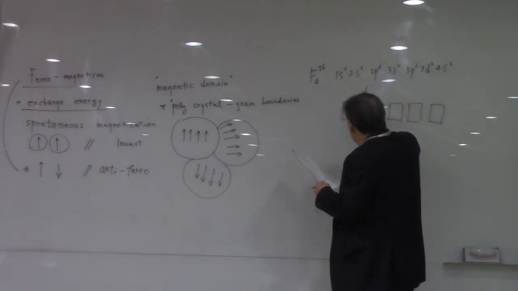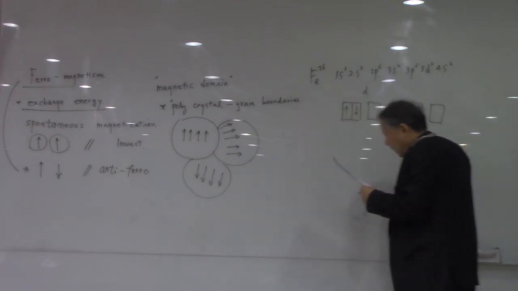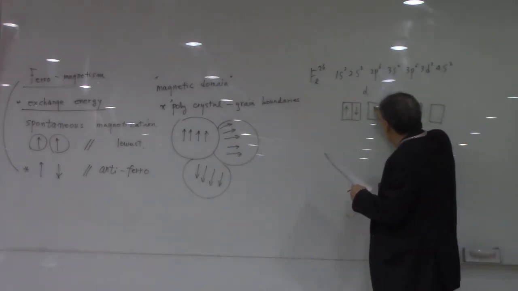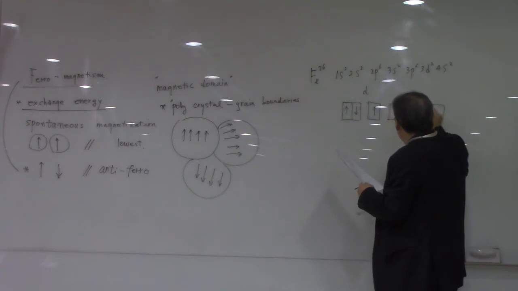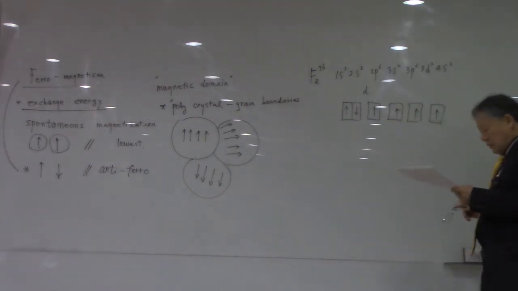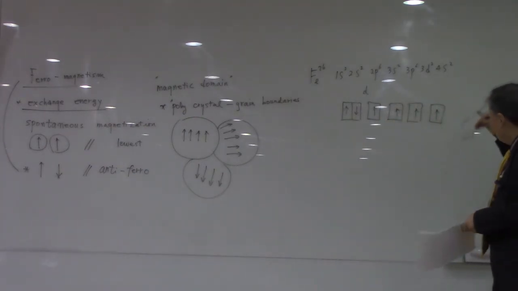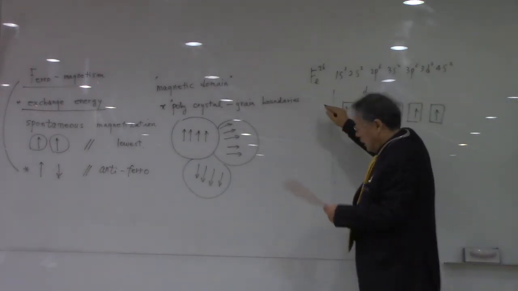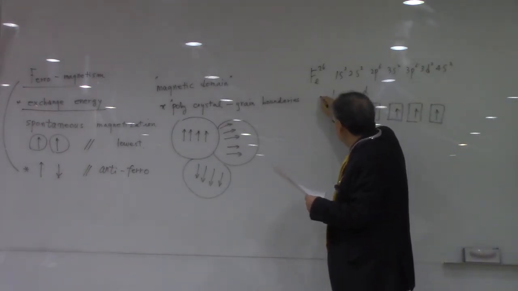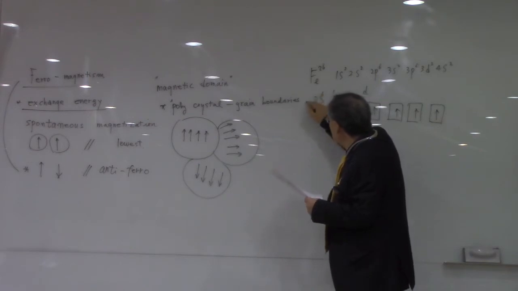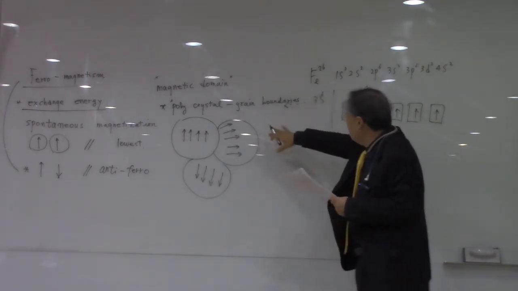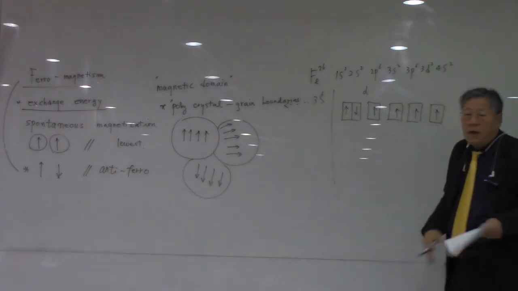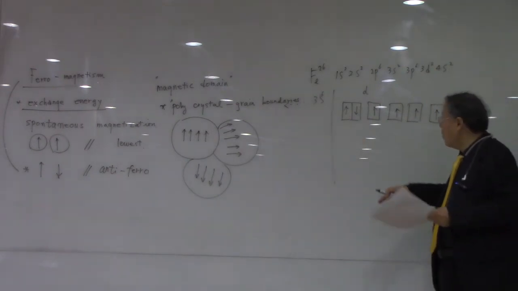The first one is paired, and from the next one, they are single, not paired. All the shells before this d shell, like 3s, 3p6, and the inner shells, are all paired.